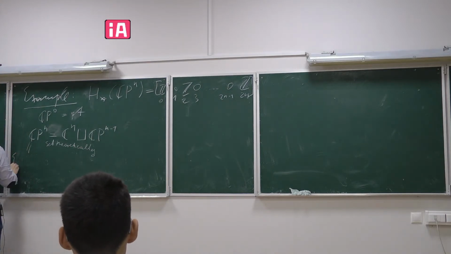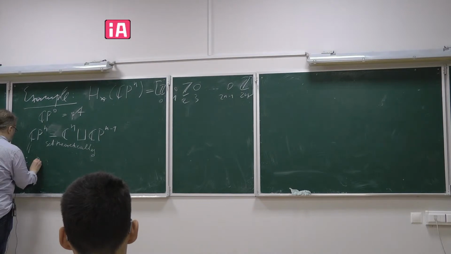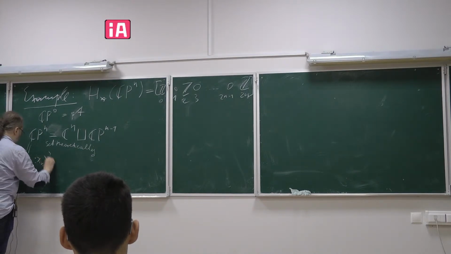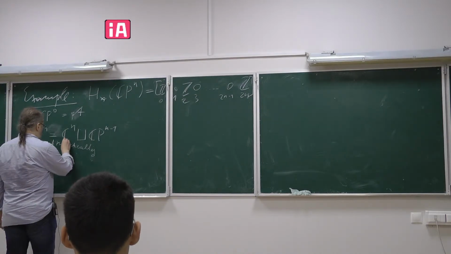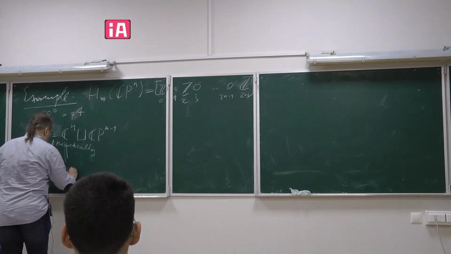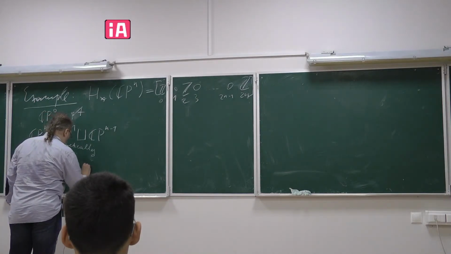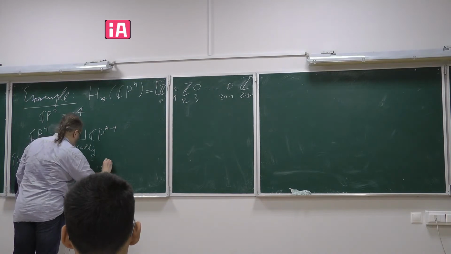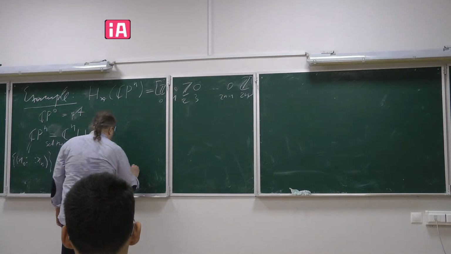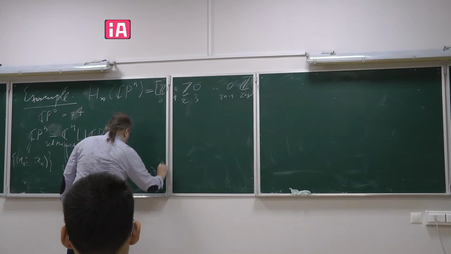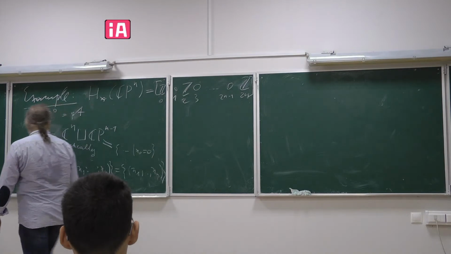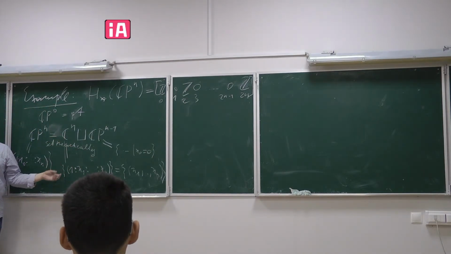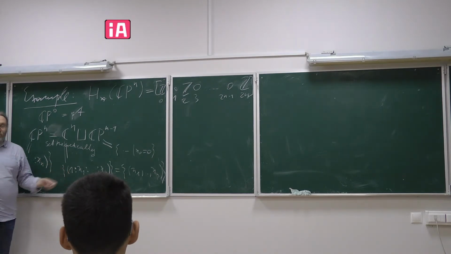If CP^n is the set of all points with homogeneous coordinates x_0, etc., x_n, then C^n is the subset such that the first homogeneous coordinate is non-zero.